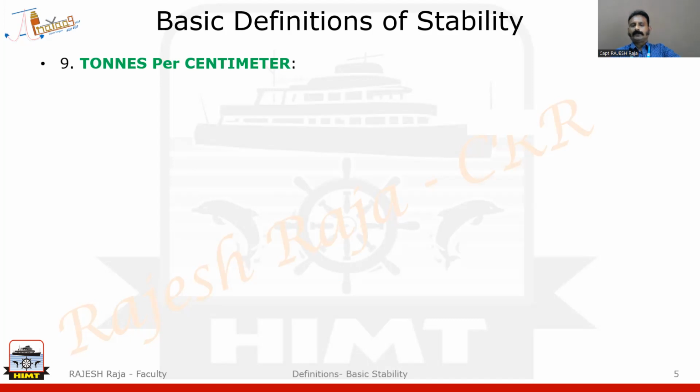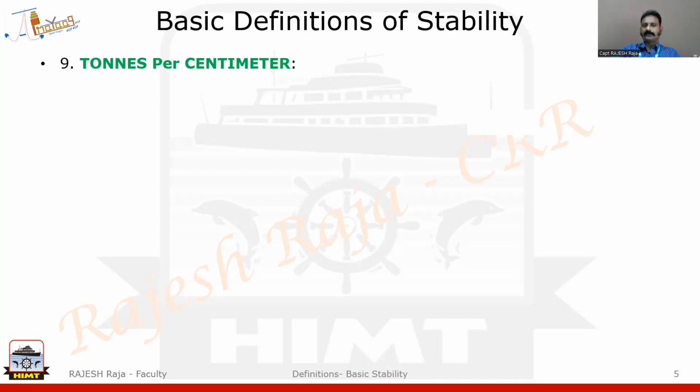Now, if you load that container of 20 tons, if I get a small mental figure in the back of my mind telling what is going to be the change in draft for me, that is the concept of tons per centimeter. You can say that the same change in draft can come if you discharge a 20-ton container also. So that is the benefit of this tons per centimeter.